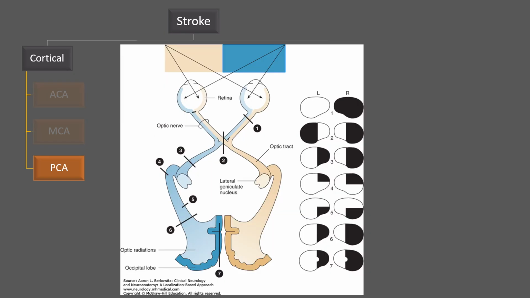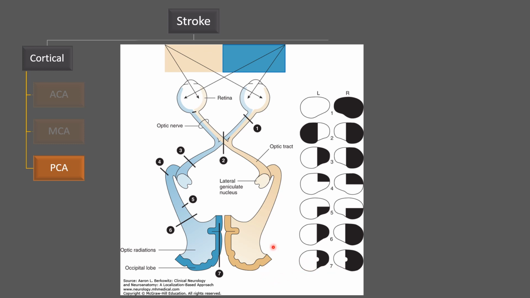So PCA involvement or infarction is usually manifested by visual signs without sensory or motor involvement. And its manifestation, as we said before, will be homonymous hemianopsia with macular sparing. As you see, the macula is spared here due to the supply from the MCA.